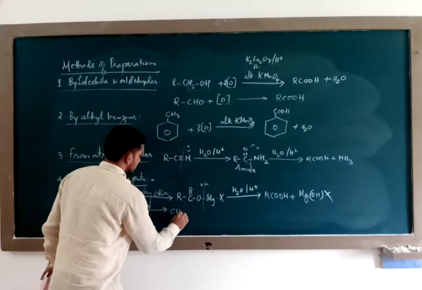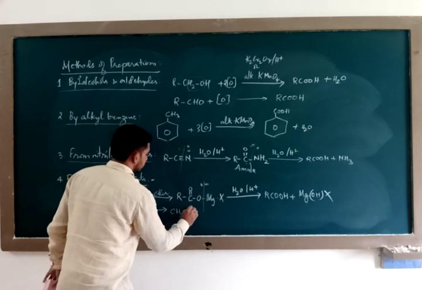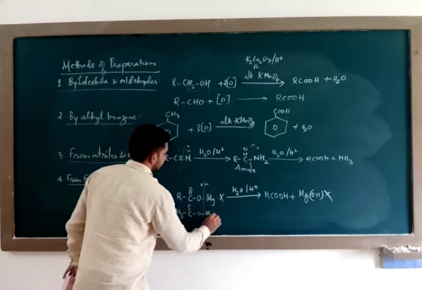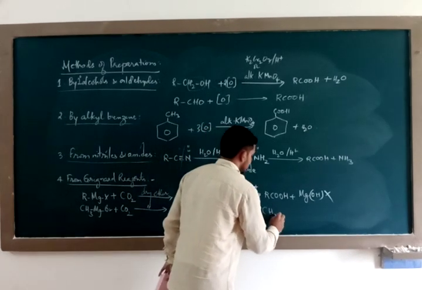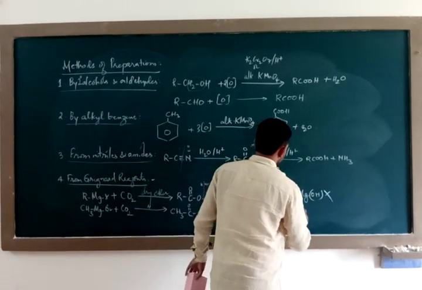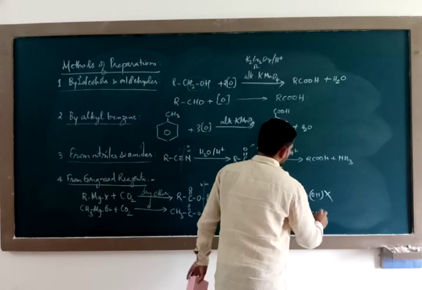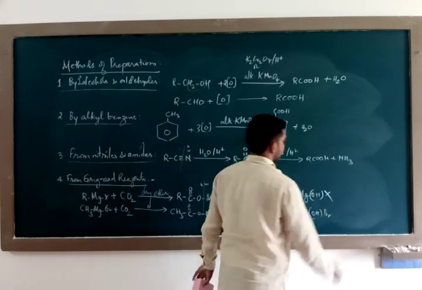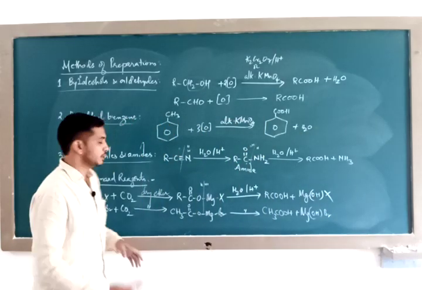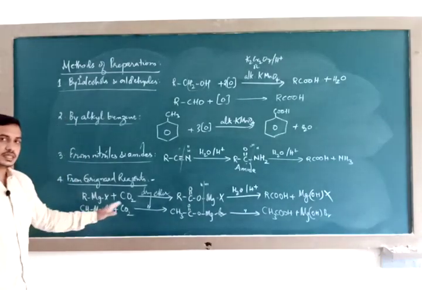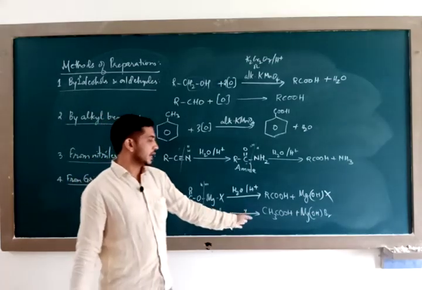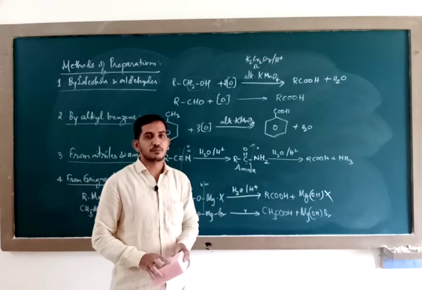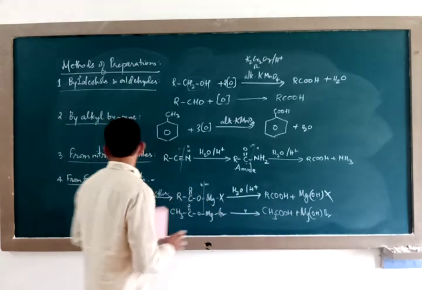Then you will have CH3COOMgBr. Upon hydrolysis you will get CH3COOH plus MgOHBr. How do you represent this in statement form? Whenever Grignard reagents react with dry ice, they will give you corresponding adduct followed by hydrolysis giving rise to carboxylic acids.